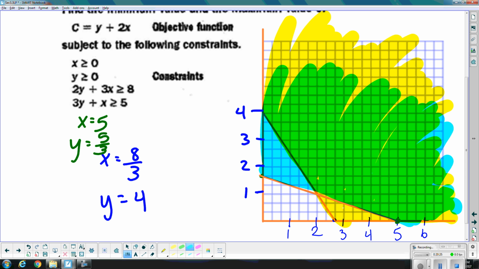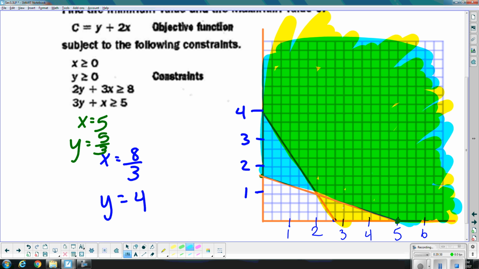Okay, so now you can see that I have a lower boundary on my graph, but up here, all of this area up here, there's no boundary. So I don't have a bounded feasible region.